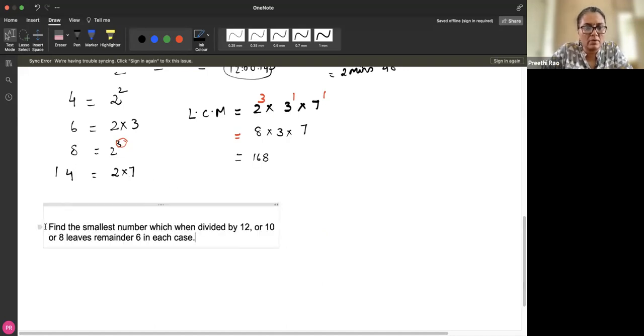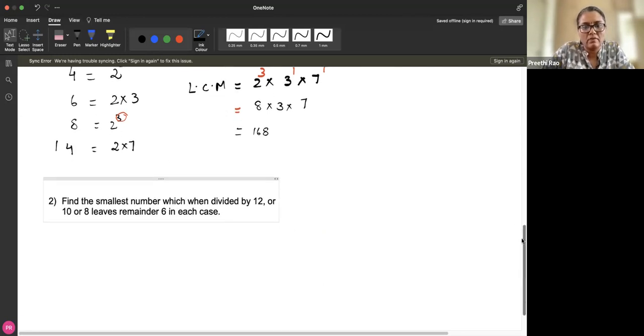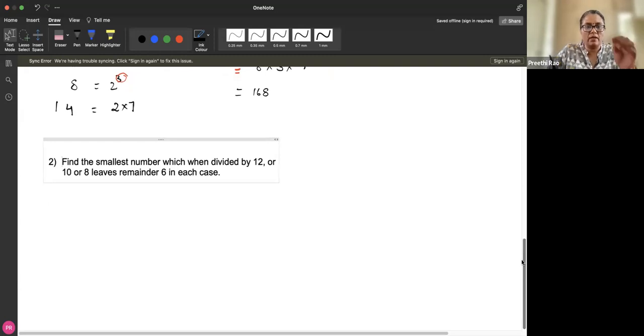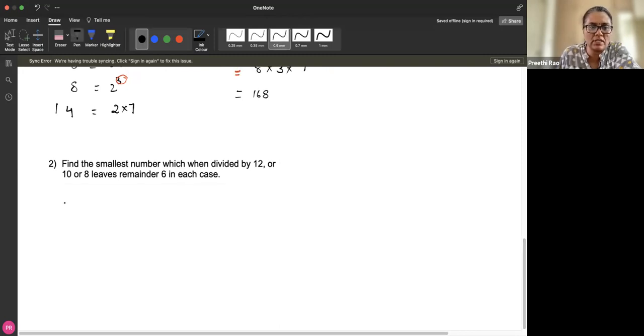Here is the next problem. Can everyone see it? Find the smallest number which when divided by 12 or 10 or 8 leaves remainder 6 in each case. So what does the question say? There is a number. Let's say that number is x.